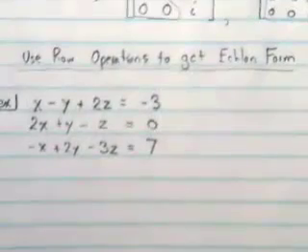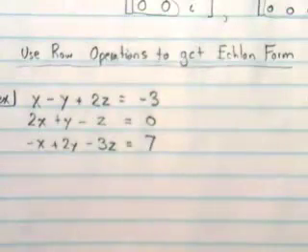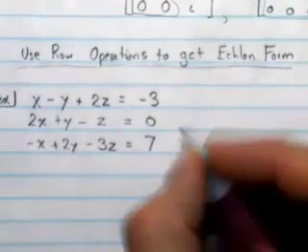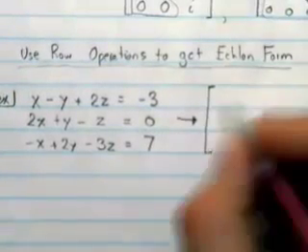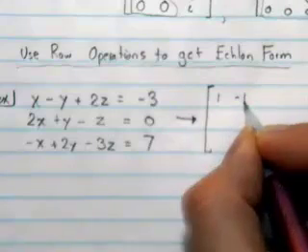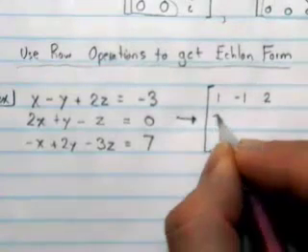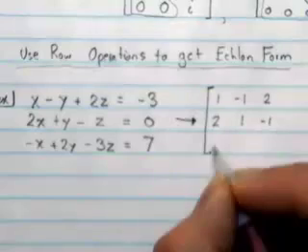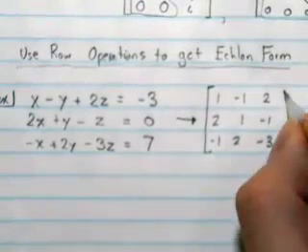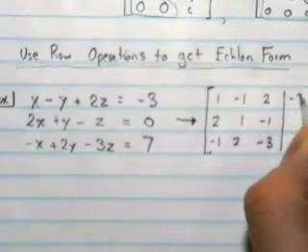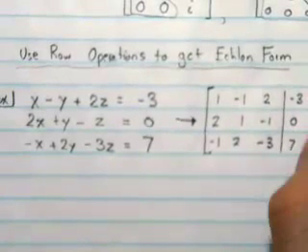All right, we're going to go with that one. What you have to do is put that in an augmented matrix. Strip off all the variables and rewrite it as a matrix. So we're looking at 1, -1, 2, 2, 1, -1, -1, 2, -3, augmented with -3, 0, 7.